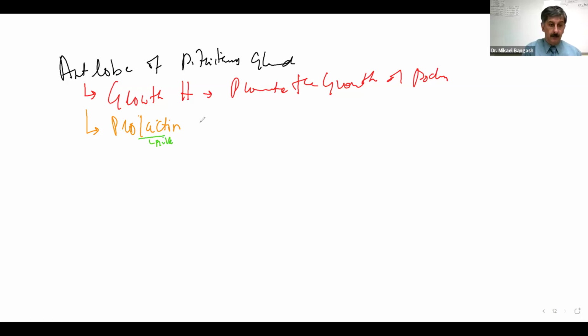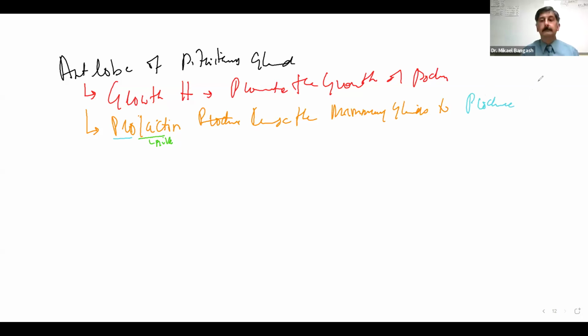This is the hormone that causes the mammary glands to produce milk.